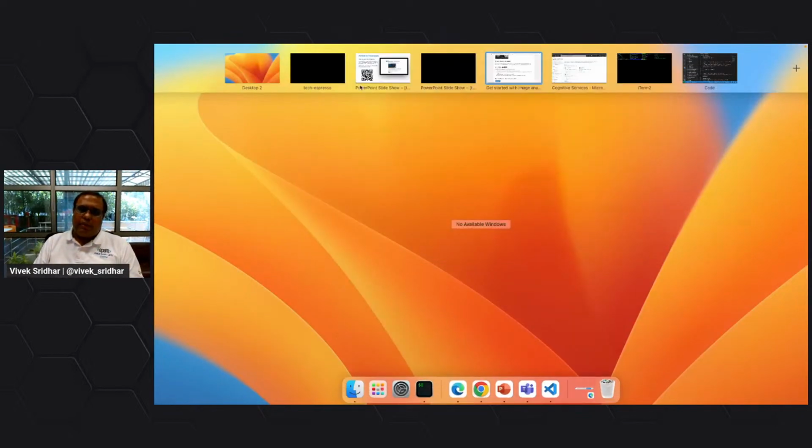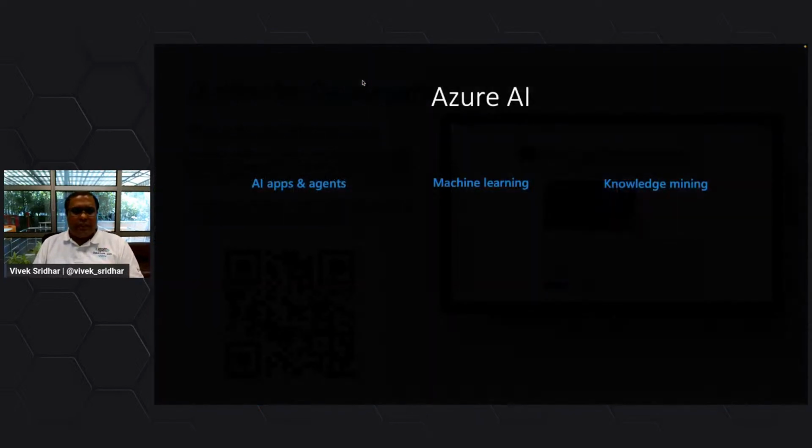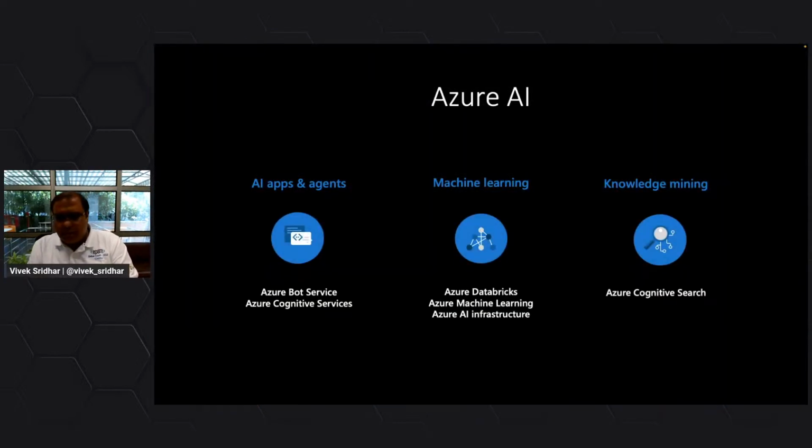To go back to my PowerPoint, there are three buckets in Azure AI. One is applied AI, which is the Azure Cognitive Service, which I'm discussing today. Within that, I'm only discussing computer vision and custom vision today. But these are already pre-built models.